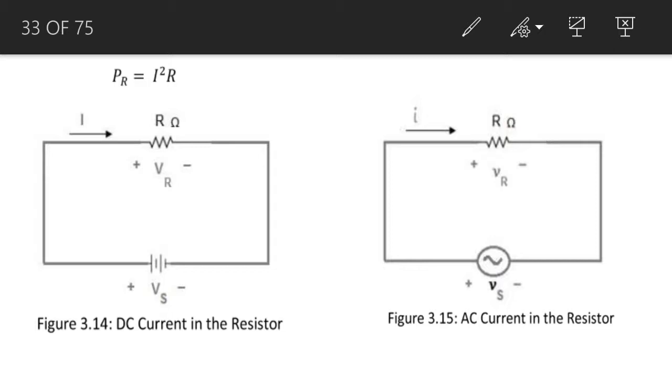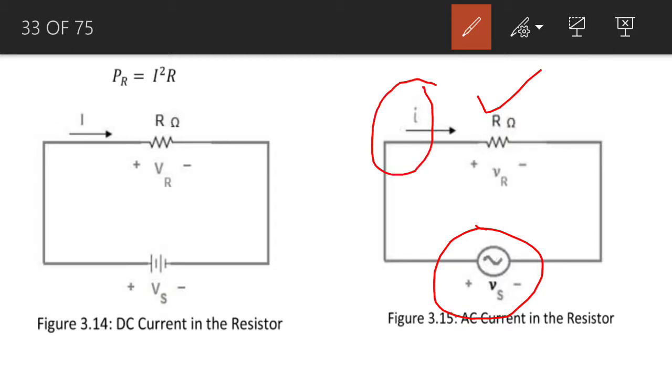of these two diagrams. In this particular diagram, we have connected an AC voltage source across the resistor. So there is an alternating current in the resistor, and due to this alternating current, the resistor will consume some power.